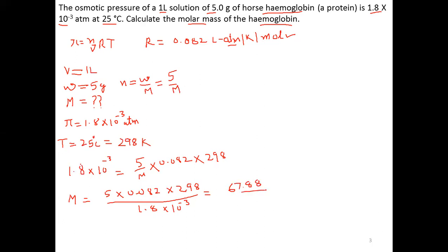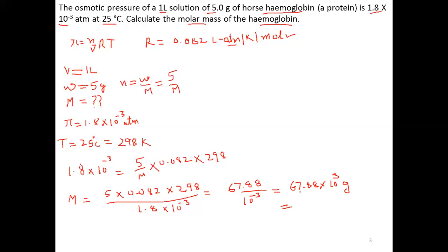67.88 divided by 10 raised to the power minus 3, or we can write 67.88 into 10 raised to the power 3 grams. So this is the answer, or we can simplify it.